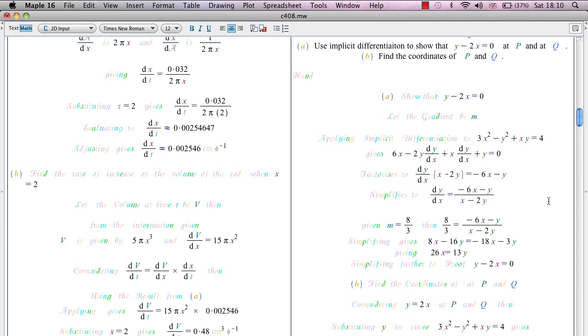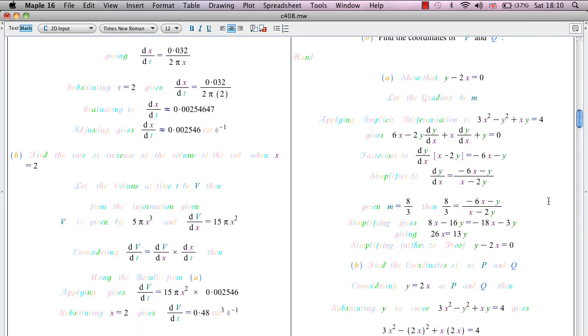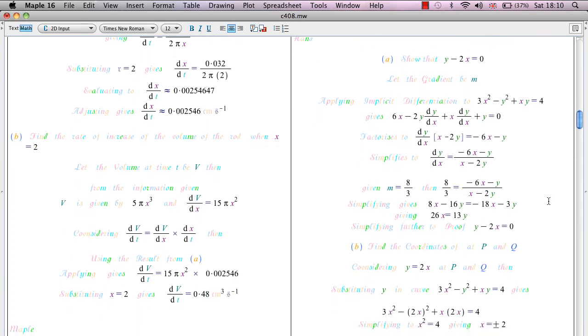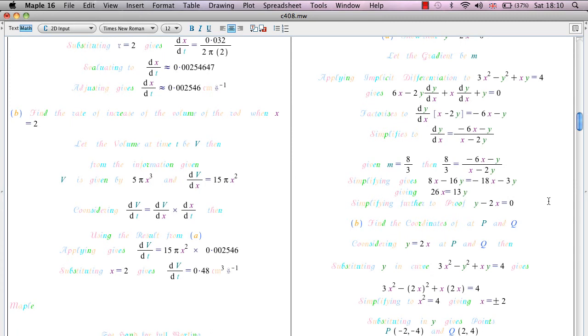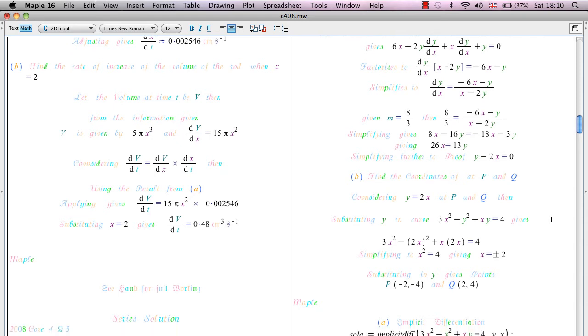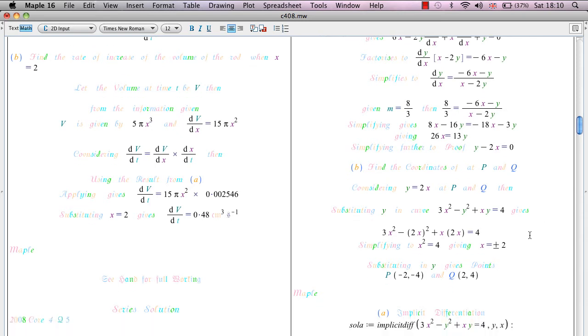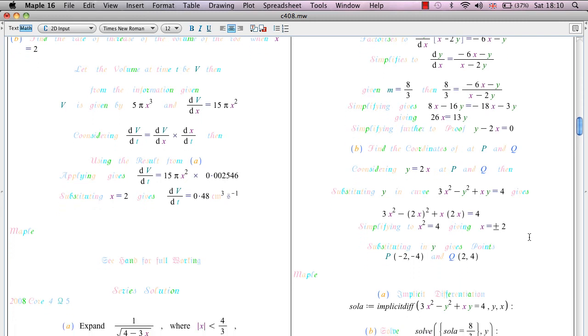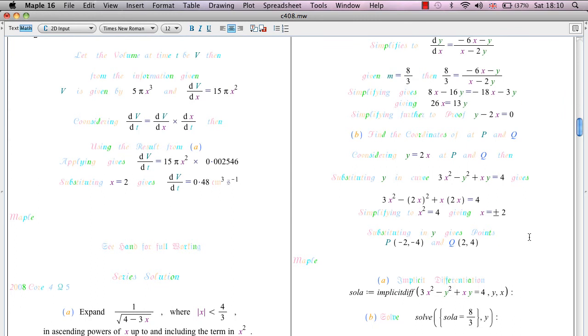So considering the coordinates, substituting y equals 2x into the curve and simplifying gives x plus or minus 2, and substituting into y equals 2x gives our two coordinates.